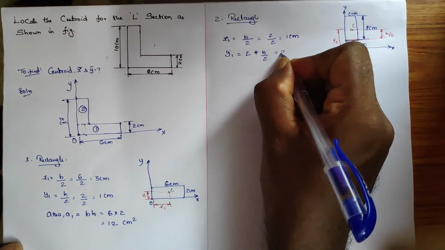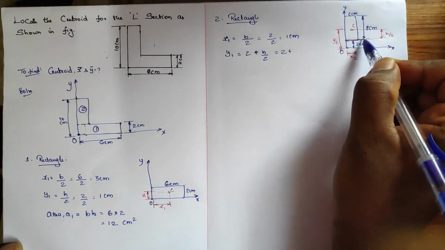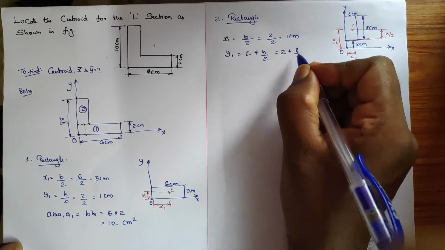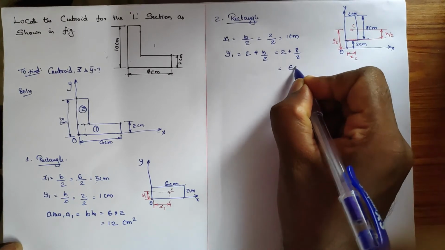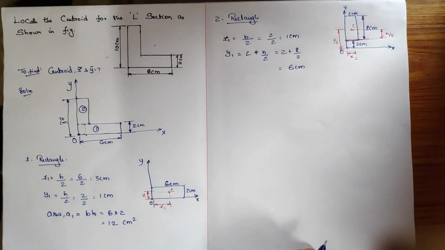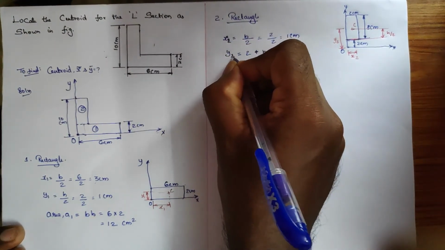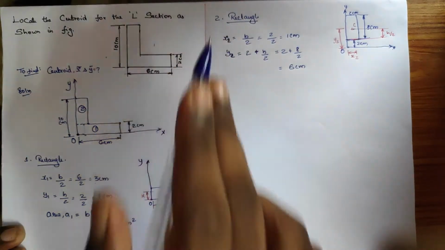So here 2 plus the breadth, which is 8 divided by 2, so it will be 6 centimeter. We get this as 6 centimeter. What is next after finding x2 and y2? It's not x1 y1, it's a mistake. X2 y2, second component, right?